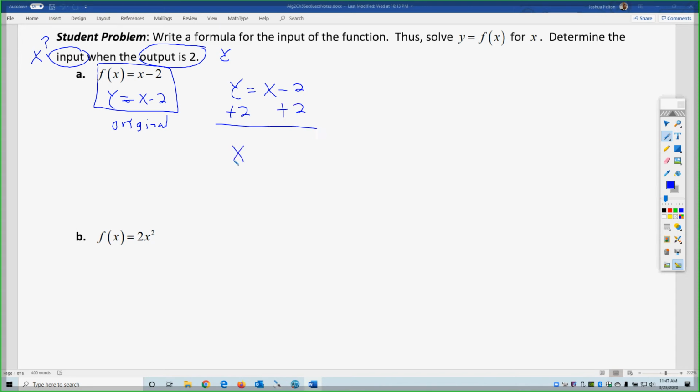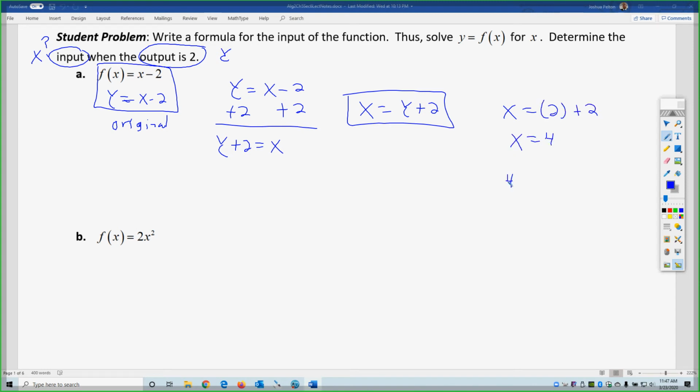So x equals, I'm sorry, I wrote that backwards. So y plus 2 equals x. So x equals y plus 2, if you write it in terms of the output, which is what we're doing here. So plug in the output. So x equals 2 plus 2. So x equals 4. Thus there is a coordinate 4, 2 with this function.